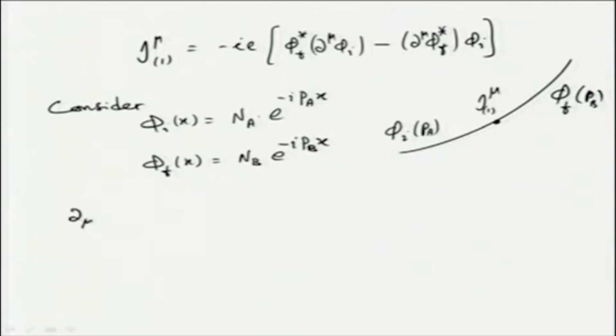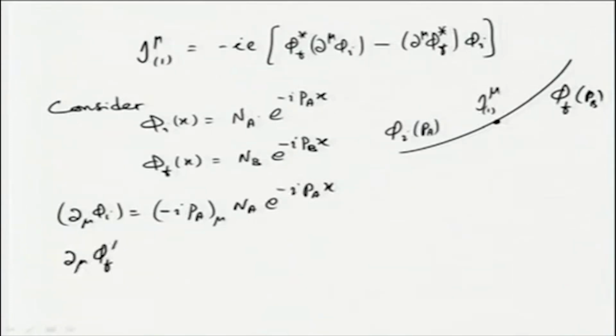And dou mu phi_i is equal to minus i p_a mu N_A exponential minus i p_a x, and dou mu phi_f star is equal to plus i p_b mu N_B e to the power plus i p_b x, because it is the phi star that I will consider, not phi.